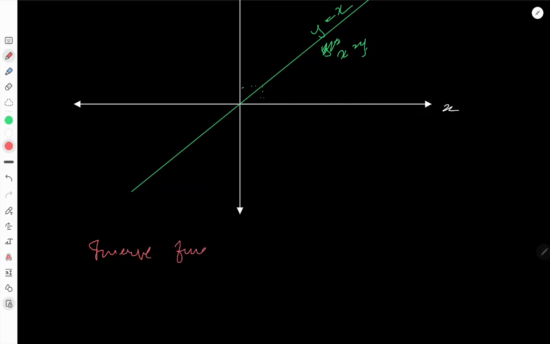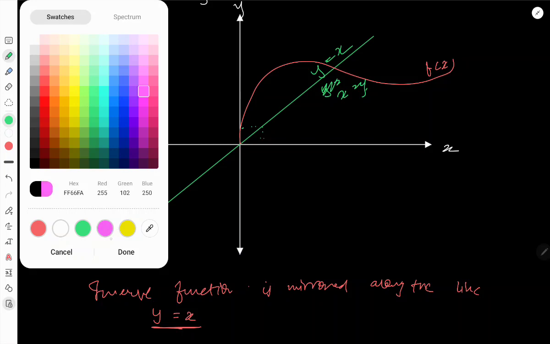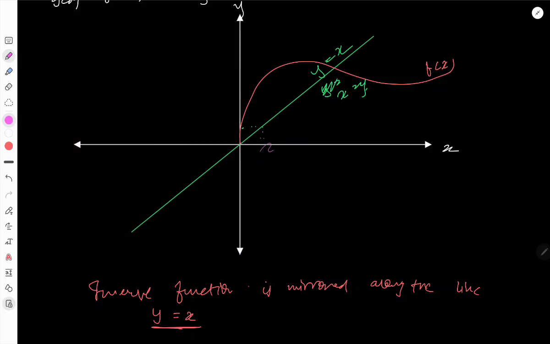And another thing to note is that the inverse function is mirrored along the line y equal to x. That's why we are seeing the mirror of y equal to x on y equal to x. But if I had taken a random function like this, let this be f of x, then f inverse of x might have looked something like the mirror, and that would go something like this.